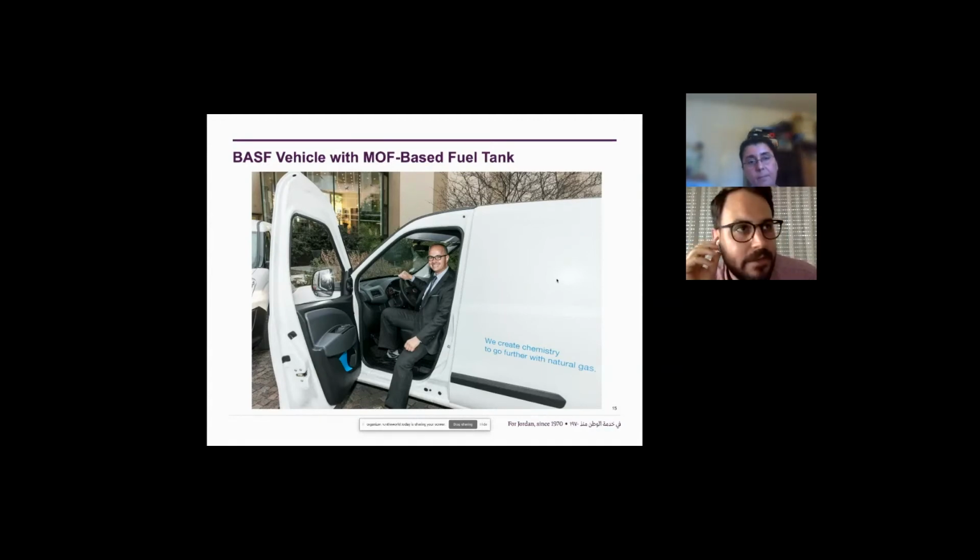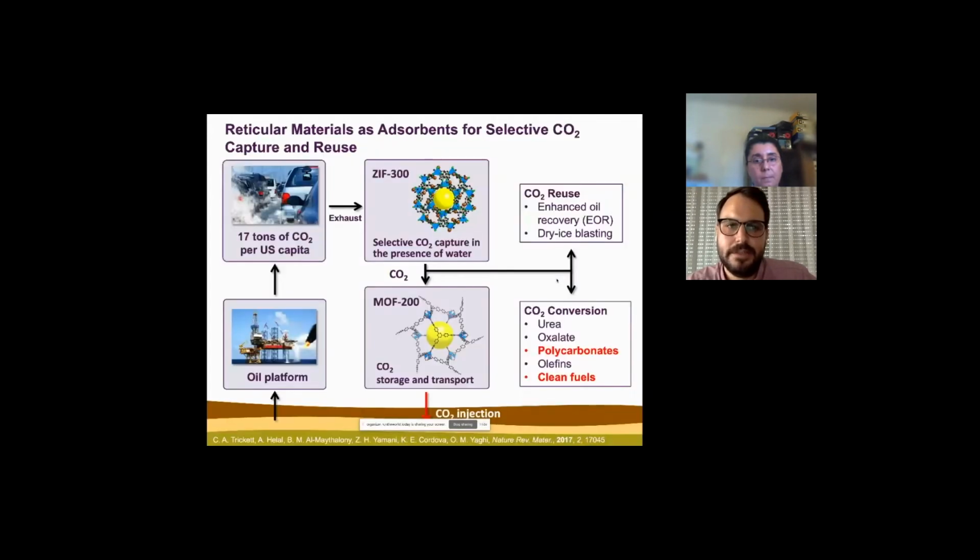But right as they were set to release these cars, the oil prices dropped, and therefore natural gas was not economically feasible anymore. And so they had to shelve these. And to this day, it's still not economically feasible to roll these out. So although there was a great innovation and the product was ready to go, sometimes things are out of your control. So that's for methane and for hydrogen.